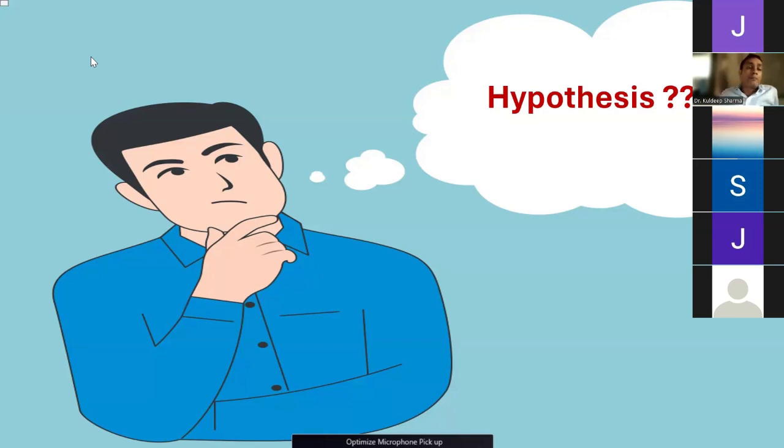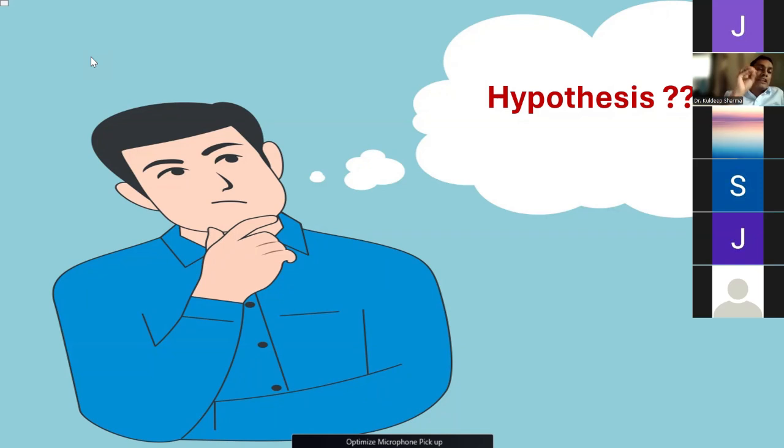So hypothesis is a tentative statement which every researcher wants to test. Whenever we have a concept like null and alternative hypothesis, the researcher always wants to reject the null hypothesis. And whenever we have a concept like working hypothesis or directional hypothesis, working and directional hypotheses are the same; only their way of writing is different.